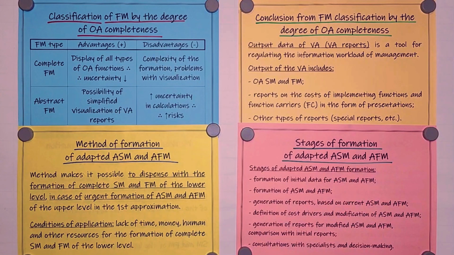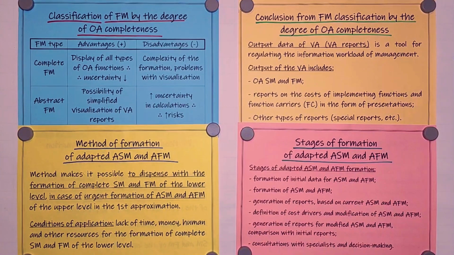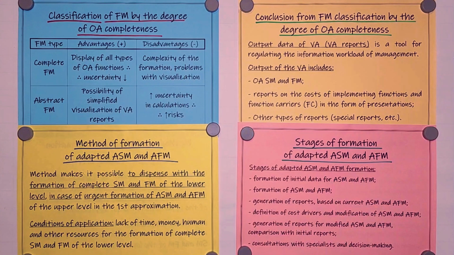By analogy with structural models, in terms of the degree of completeness of the display of the functions of the object of analysis, functional models can be classified as follows. The advantages and disadvantages of abstract and complex functional models shown on the slide logically follow from the advantages and disadvantages of abstract and complex structural models already discussed above.